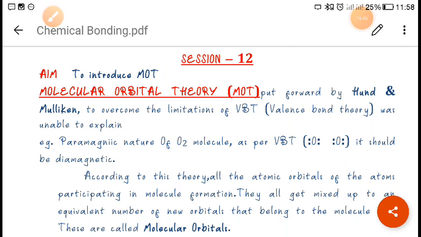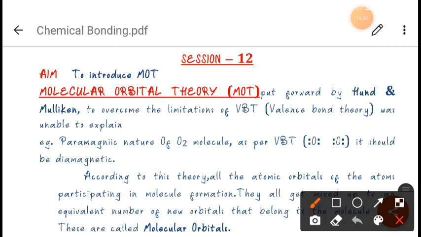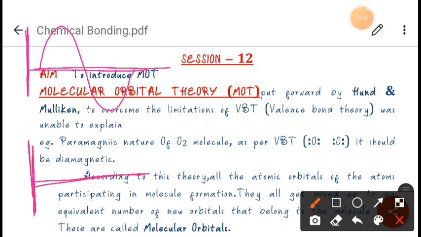Now the next possibility is, if the electron waves of the combining atoms oppose each other, meaning what? Let me draw here. One is this, like this, and another one is this, like this.